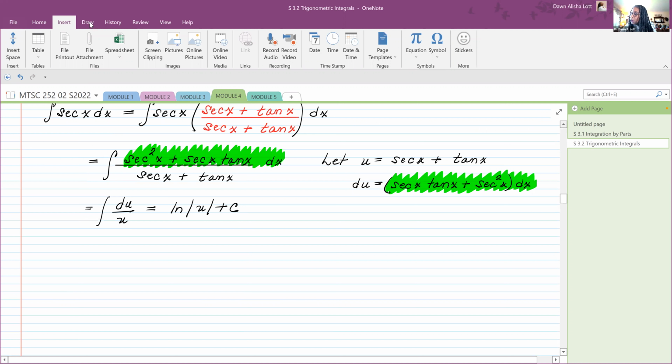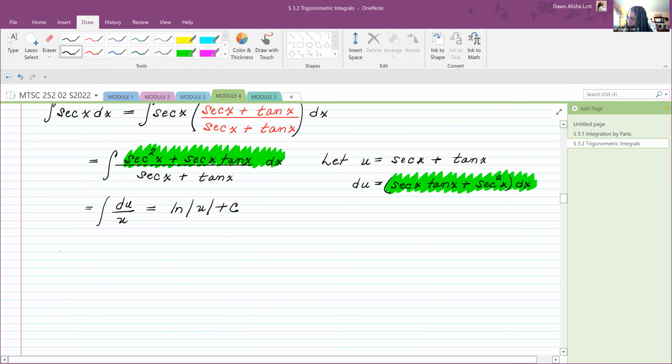That is, the integral of the secant of x dx turns out to be the log of the absolute value of the secant of x plus the tangent of x plus a constant.